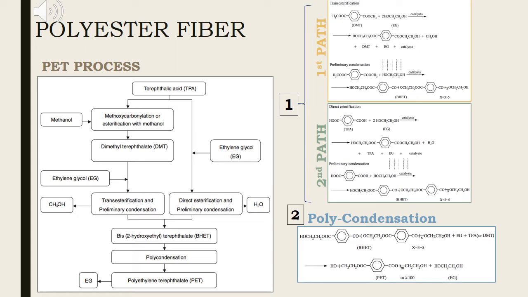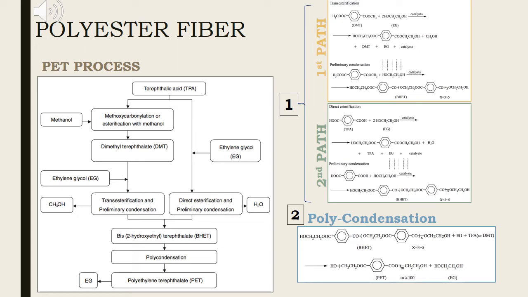The flow chart for PET process is depicted in figure. The first step, esterification and preliminary condensation, proceeds via two paths. First path is trans-esterification and preliminary condensation, while second path is direct esterification and preliminary condensation.